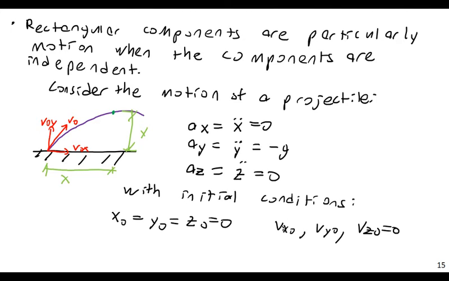So these two are not equal to 0, but they would have some known value, and this one is equal to 0. And then if you integrate twice, you can find further relationships. So I'm going to integrate these twice and get the equations of motion for simple projectile motion.